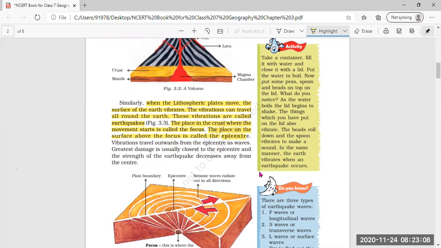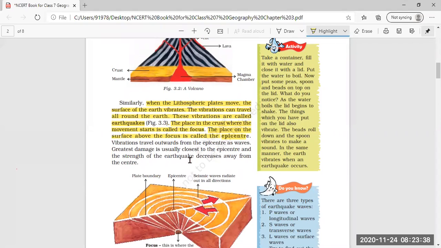And straight above the focus, on the earth's surface, we call it the epicenter. Vibrations travel outward from the epicenter as waves, and in the form of waves, we can feel that the earthquake is there.